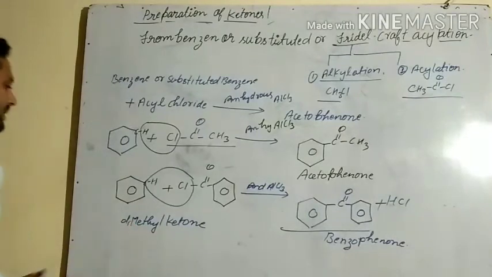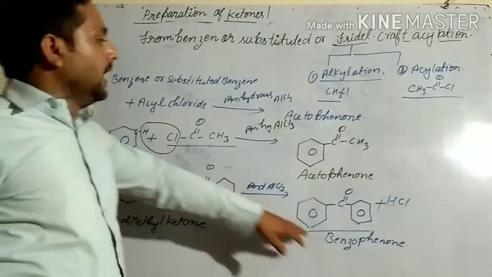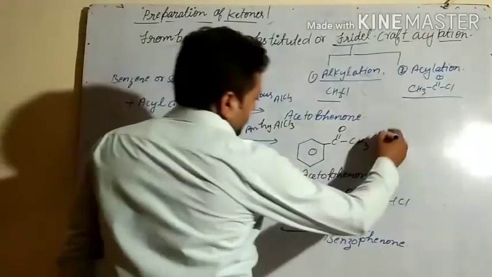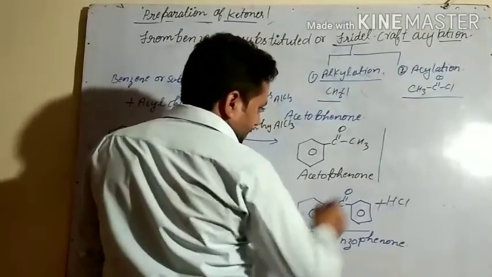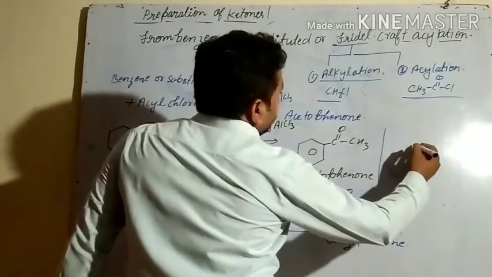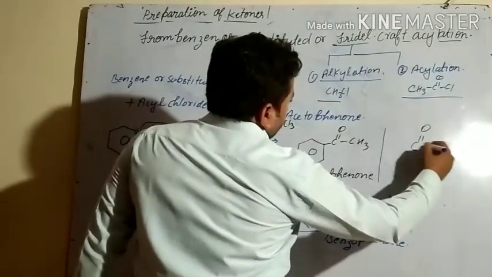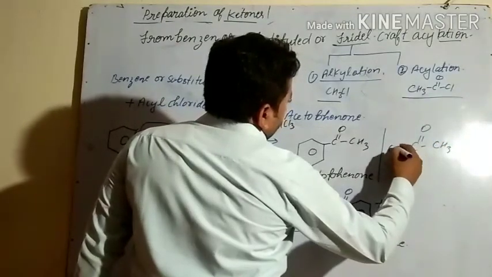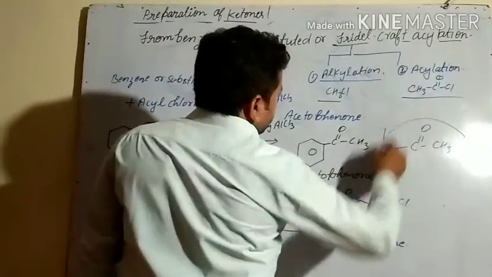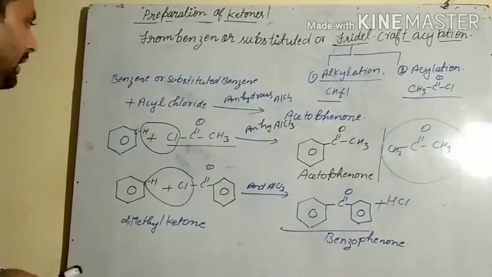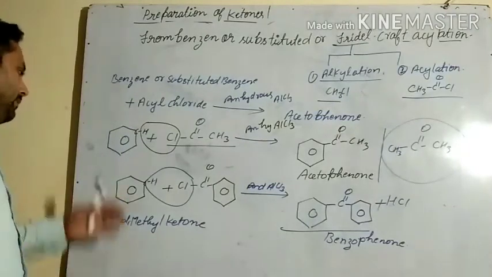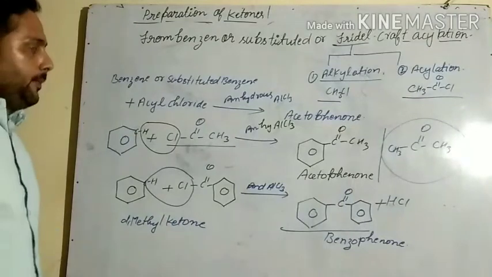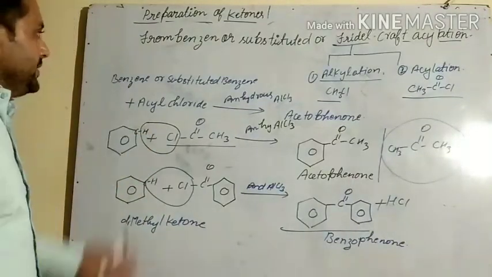Means by this method we can prepare acetophenone or benzophenone, but we can't prepare dimethyl ketone. This is the limitation of this reaction. We can prepare acetophenone or benzophenone, and this is a very important reaction for the board. Many times it has been asked as a short note. So please solve it.